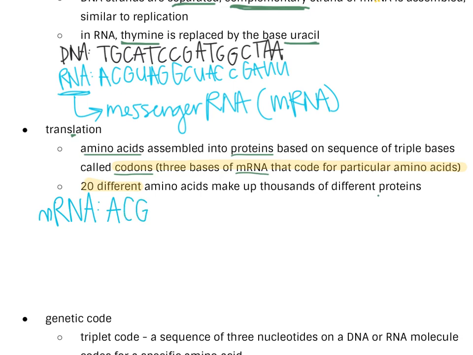ACG, UAG, GCU, ACC, GAU, and we have a U left over, so I'm just going to ignore that for now. Okay, so we have our mRNA, and from this mRNA, we are going to be able to get tRNA.